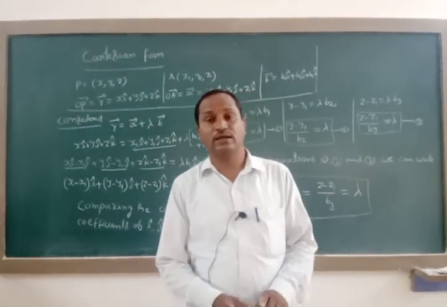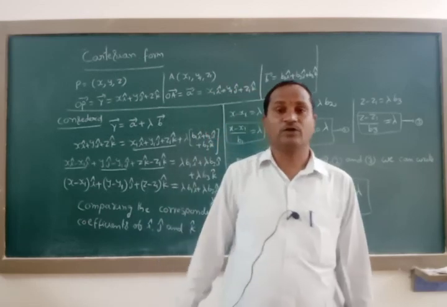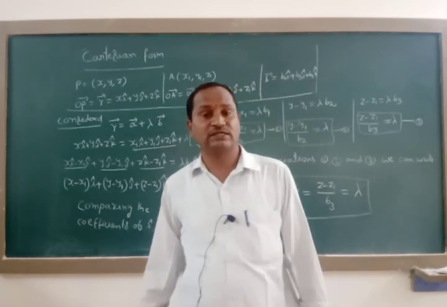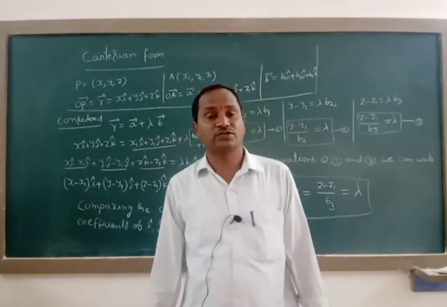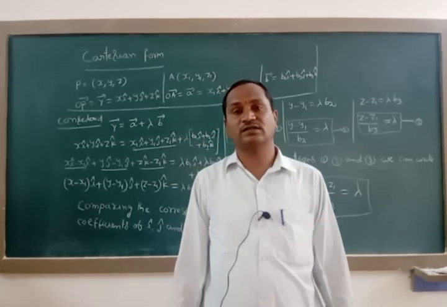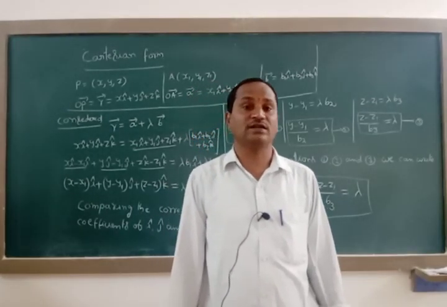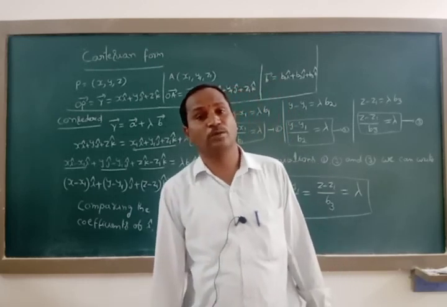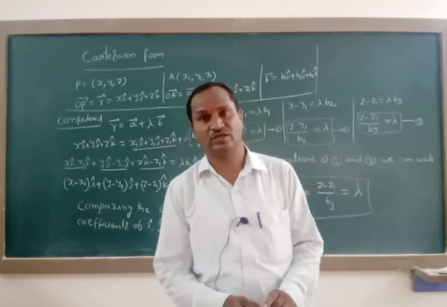Next class I am going to solve problems on a line passing through a point parallel to one vector. After completion of that I'll tell you the second theorem, that is the equation of a line passing through two points in both vector and Cartesian forms. We will solve problems on that theorem also, and afterwards we will solve different types of problems with the help of direction ratios and direction cosines also. Thank you very much.